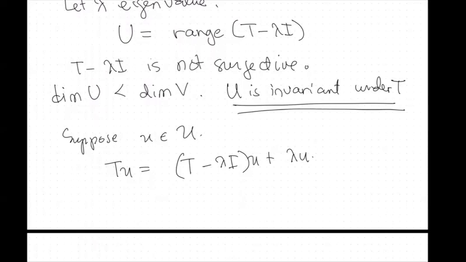We know that (T minus lambda I) u is an element of U, because U is the range of T minus lambda I. And lambda u is also in U, because it is just a scalar multiple of u.